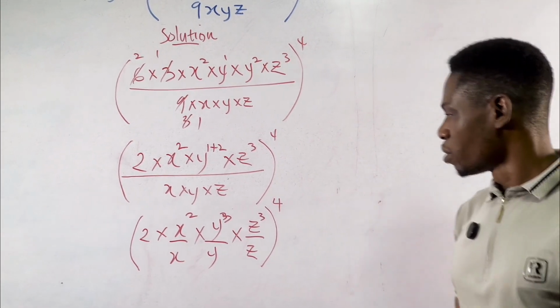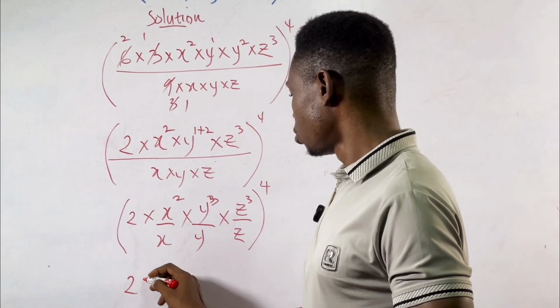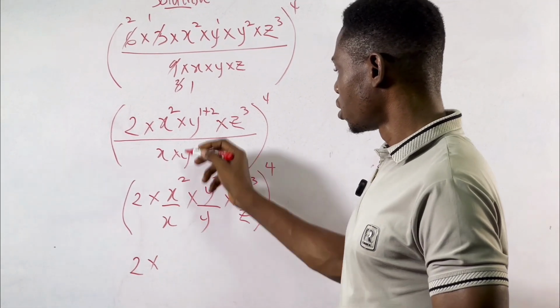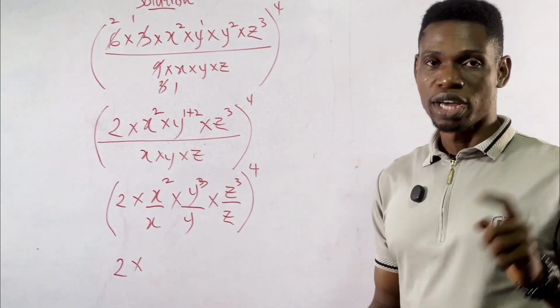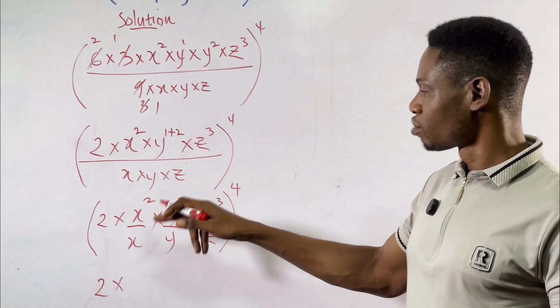Okay, so from here we can proceed with 2 times, remember the division law of indices. When you are dividing, you do what? You subtract the power of the denominator from that of the numerator.